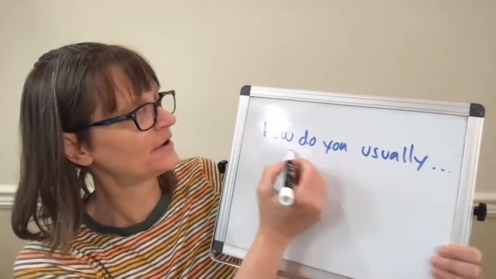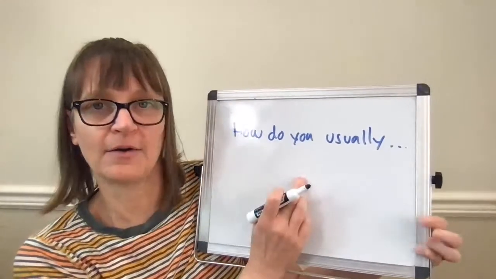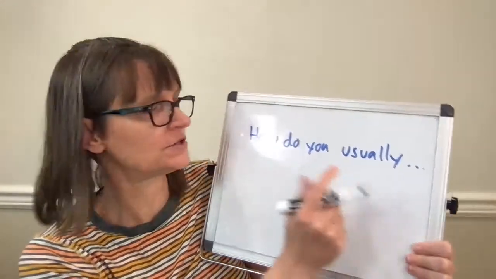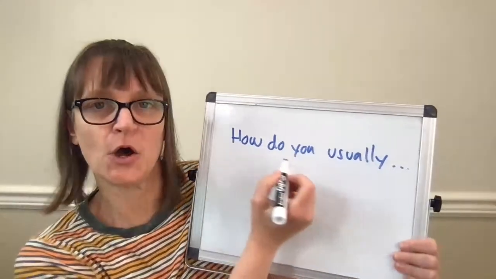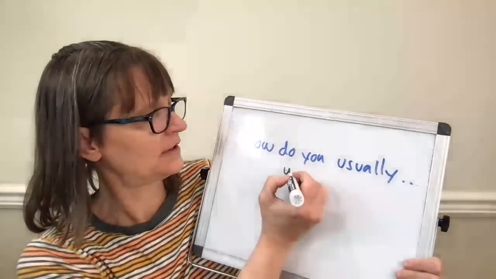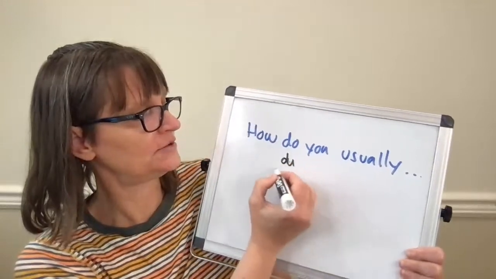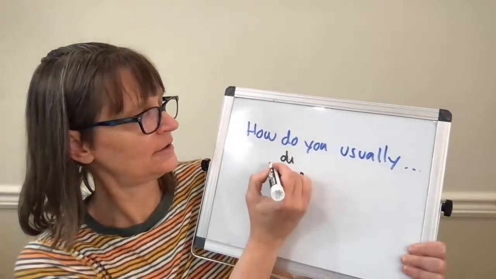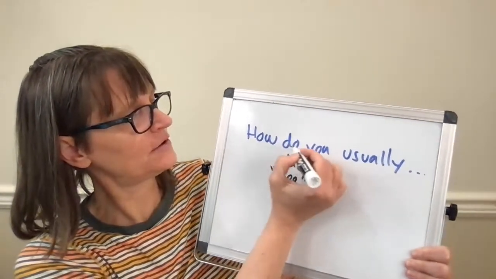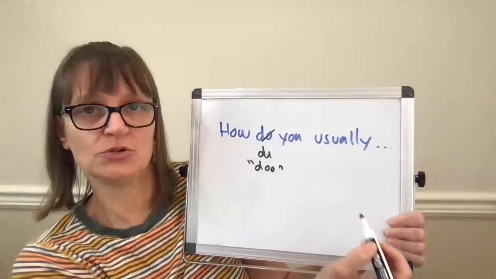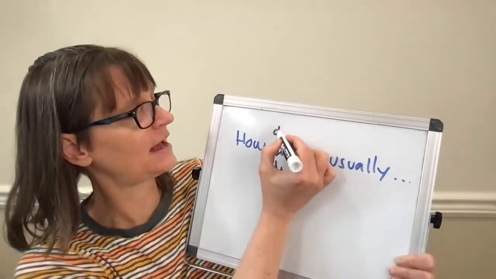So thinking about how I would usually say this, how do you usually, is that rather than how do with, if I'm just saying I do, I'm going to use that oo vowel. In this phrase, though, I'm going to change it and reduce that do to more of a duh. How do ya?